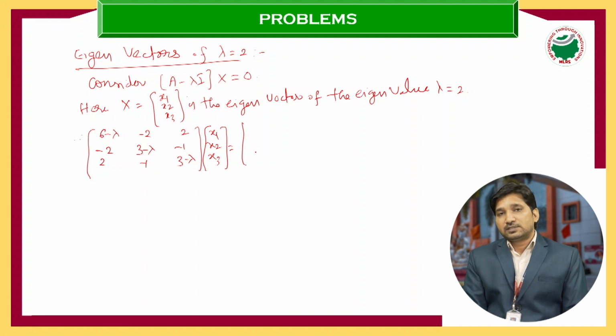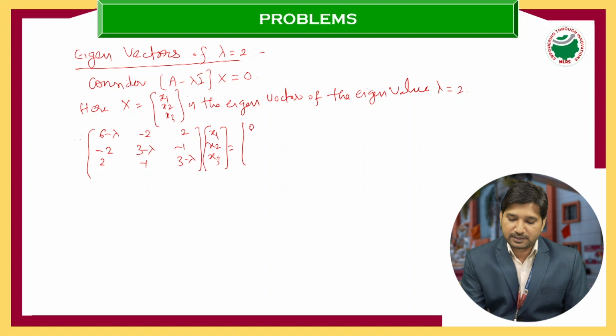This is a homogeneous linear equation, and the right side is the zero vector.